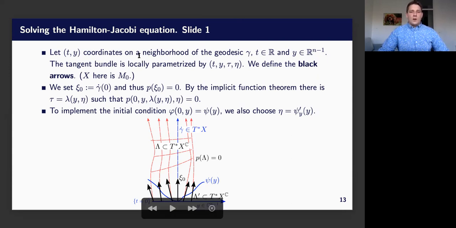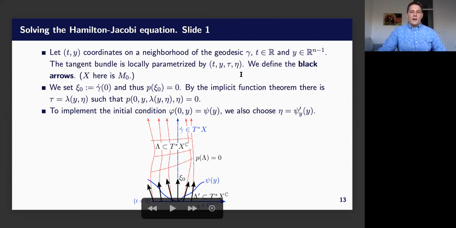Again, t and y are coordinates on the neighborhood of the geodesic. t was the geodesic direction and y was the orthogonal or transversal directions. In this case, the tangent bundle, which in local coordinates is now a subset of R^n times R^n, is parameterized by t, y, and then the conjugate variables tau and eta.